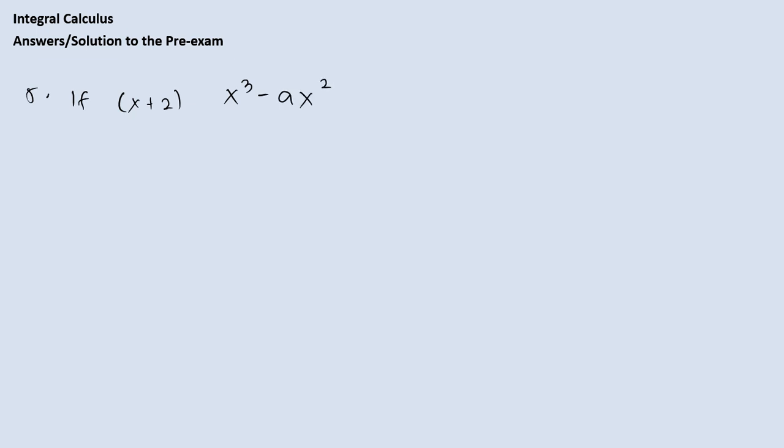Wait lang, baguhin ko yung kulay ng a na yan. Gawin ko siyang orange. You have to determine if x plus 2 is a factor of this expression, we have to find the value of a.